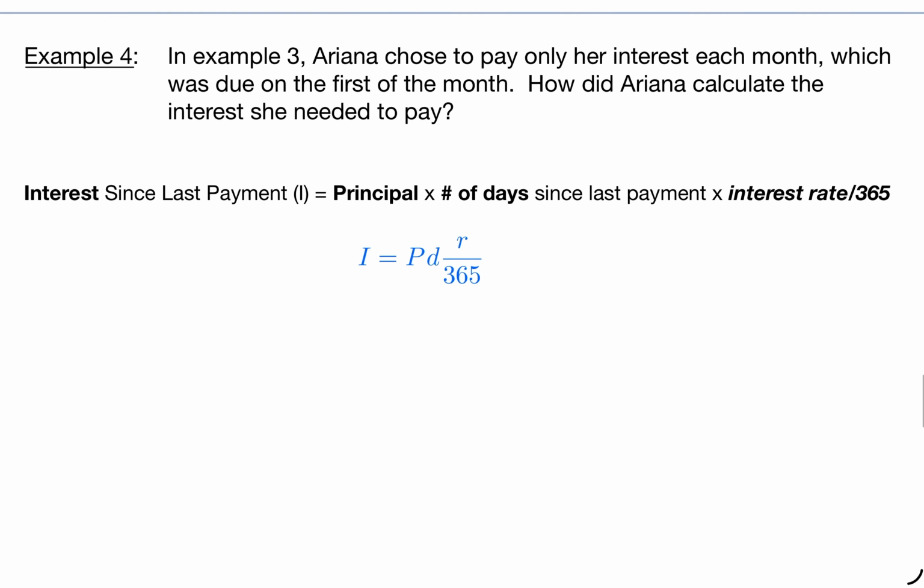Okay, so let's go ahead and enter those values. Our principal was $9,100, and we would multiply that by the number of days.